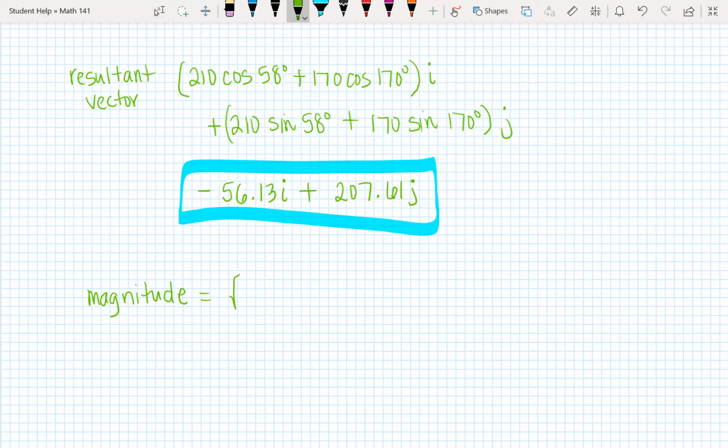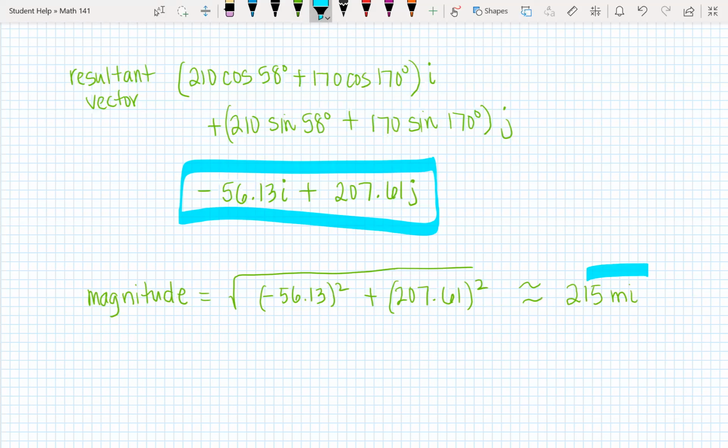We'll have the square root of negative 56.13 squared plus 207.61 squared. And putting that into the calculator, you should get 215 miles approximately, which is the same answer that we got when we did the problem the other way.